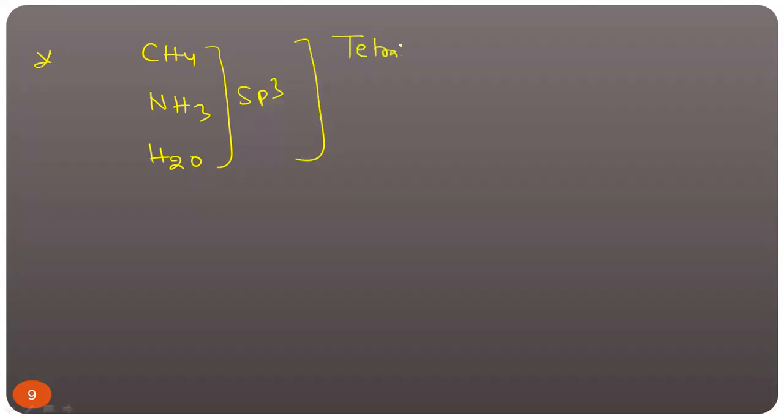Sir, what is the hybridization of CH4, NH3 and H2O? In each and every case, you will find the hybridization is sp3, but CH4 has tetrahedral shape, NH3 has pyramidal shape, and H2O has bent shape, or you can say V shape.